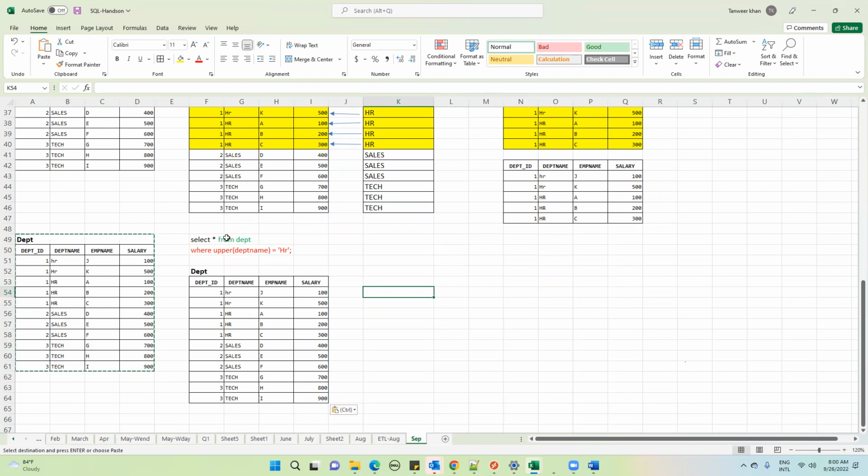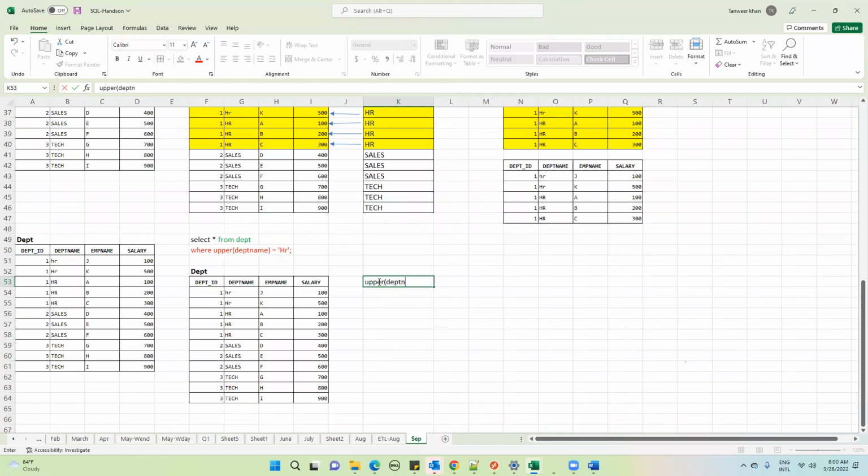After from, the where keyword is executed. You all know that, right? In the where condition, we have mentioned upper department name. The moment the SQL engine sees the user has mentioned upper department name, quickly it will create a new column, and everything is happening in the temporary memory. This is not permanent. Once you display the output, everything will be deleted.